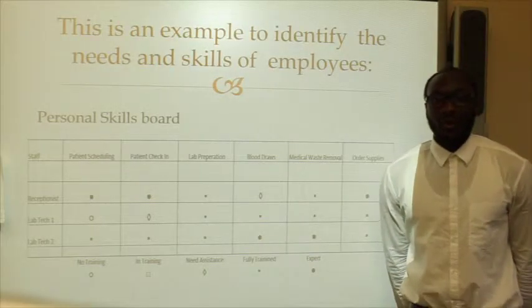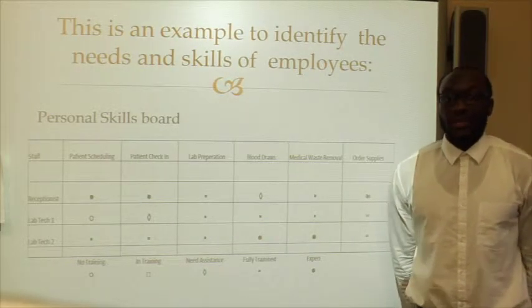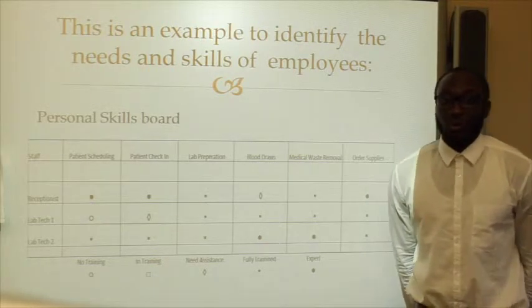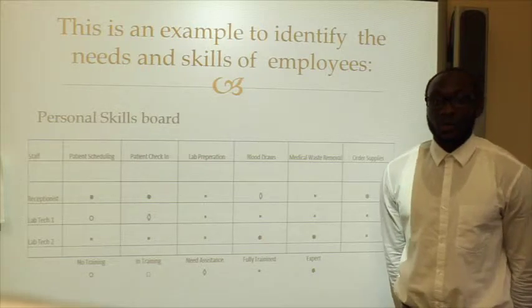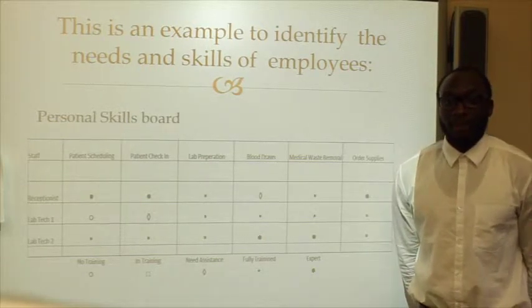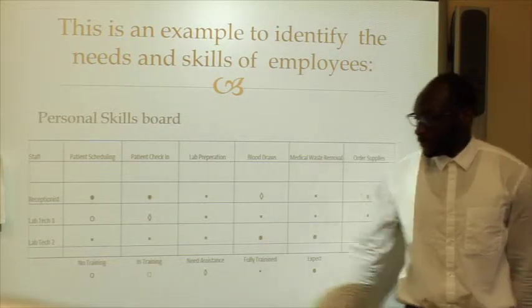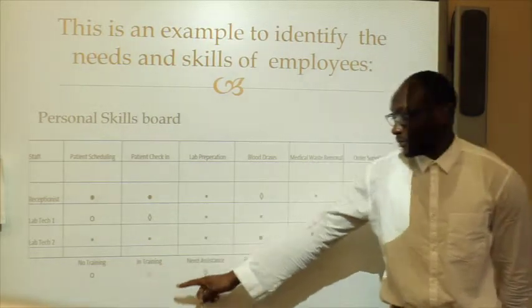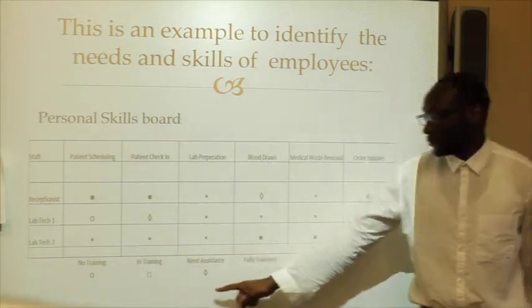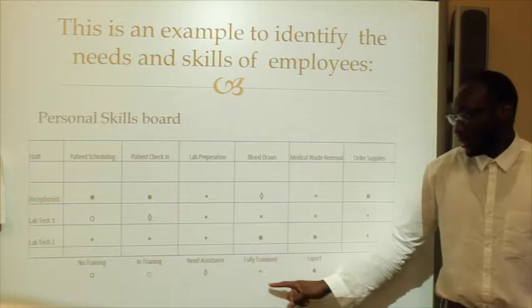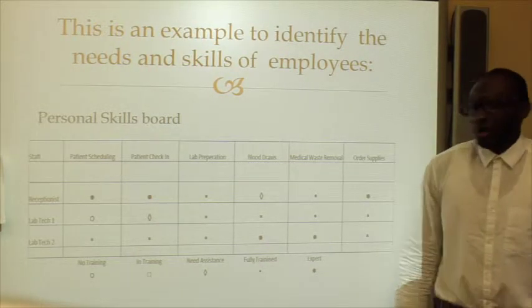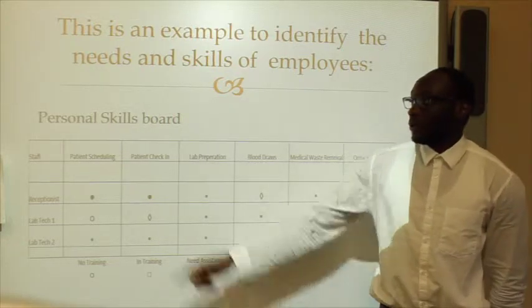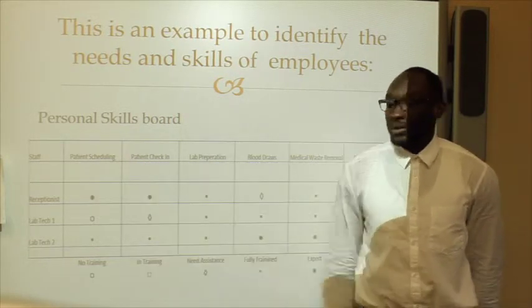This is an example to identify the needs and skills of employees. There are 5 categories for personal skills, which are not training, in training, need assistance, fully trained, and expert. Here is an example for this case.